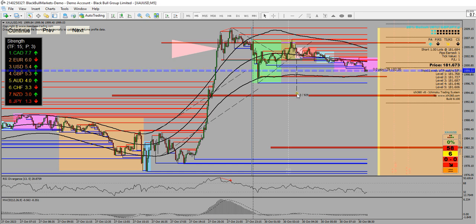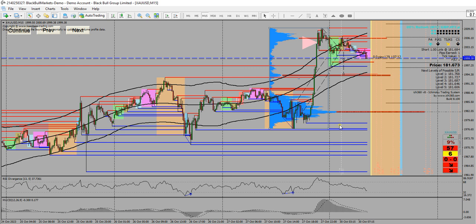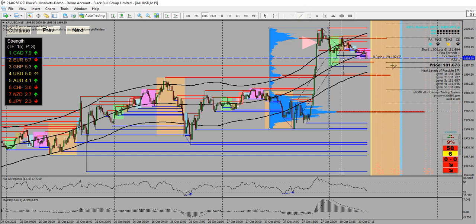Try and straighten it up. And that now is our target, which is very close to, I believe, the KT volume profile cluster. So we put ourselves a nice little arrow, and we would open a trade.